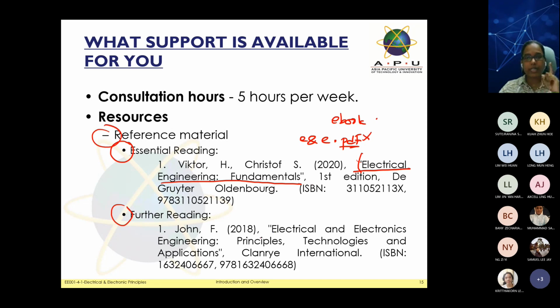Unless I try to Google for the e-book and can't find any reference book, then let me know. But I always encourage students to have your own reference book. You need to do your self study. Later on, please get the slides from your team.